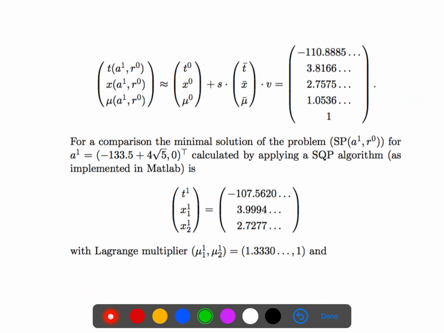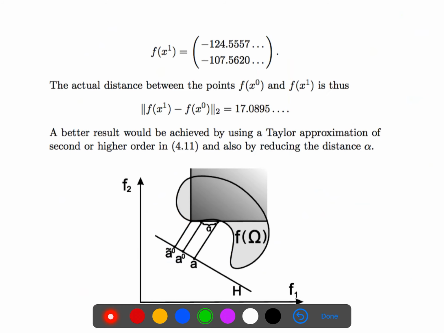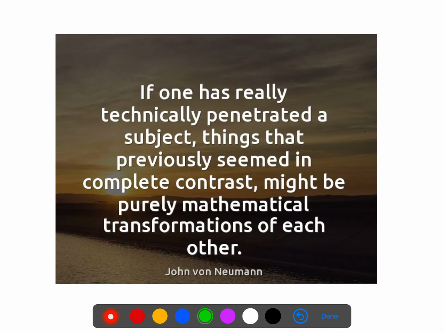So you can understand which A you need, because A is equal to A0 plus S times V. And for all the points inside the hyperplane, you can do such things as well.